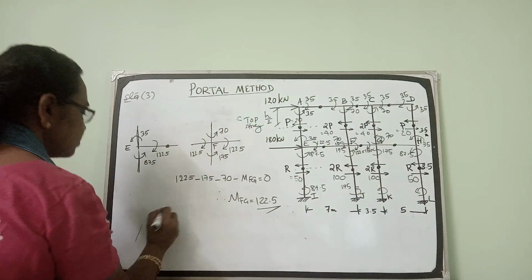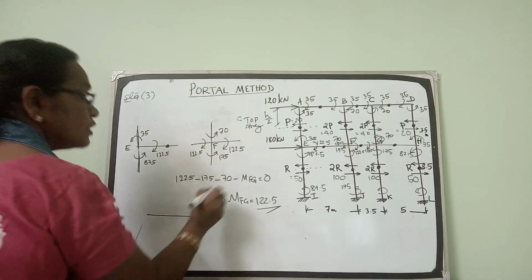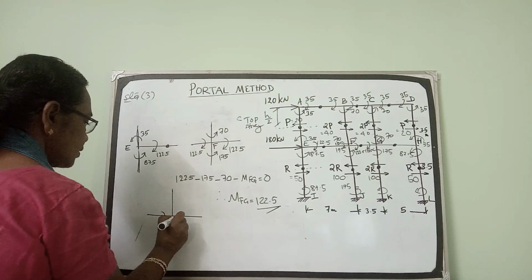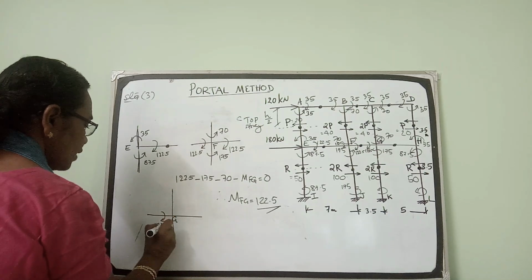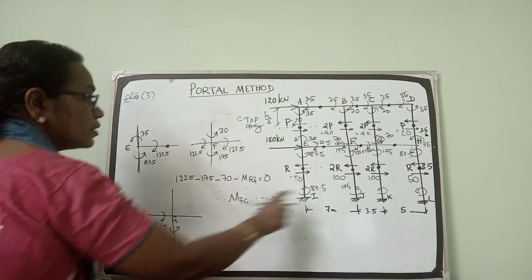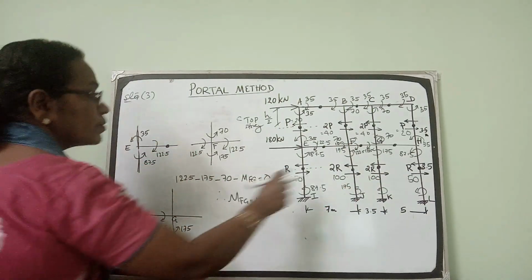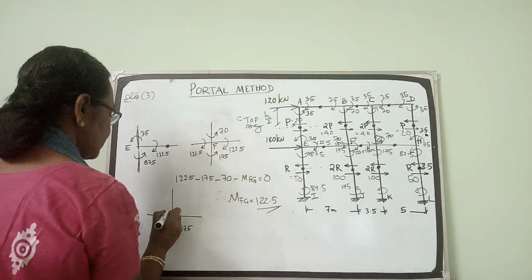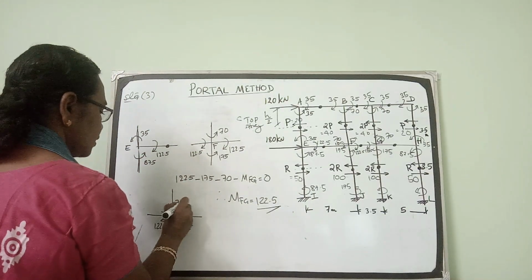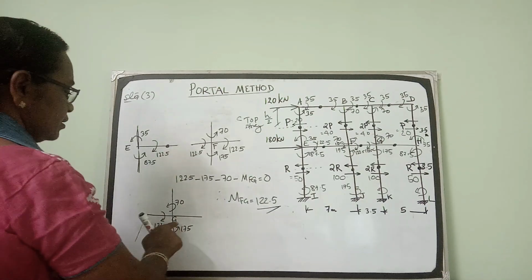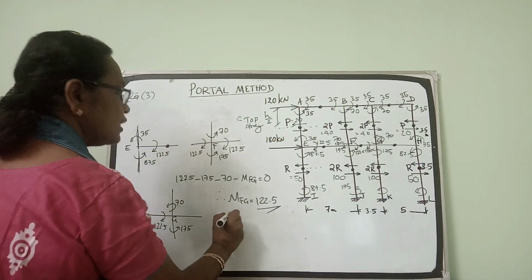Coming to joint G. At joint G, here you have 122.5. This column moment is 175. In the upper column it is 70. So what is the moment GH? What is the value in GH?